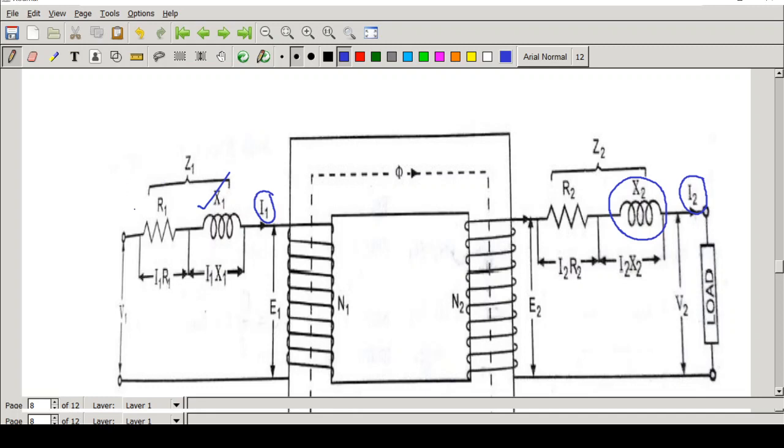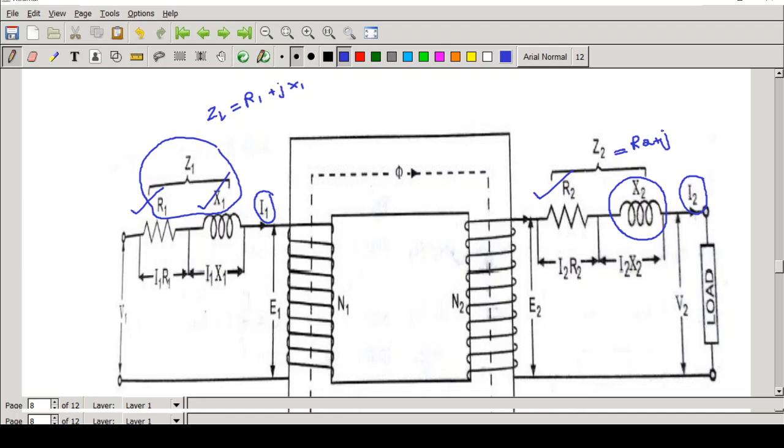So what about R1? R1 indicates the resistance of the primary winding. R2 indicates the resistance of the secondary winding. Now Z1 will be R1 plus jX1. So what will be Z2? Z2 will be equal to R2 plus jX2.